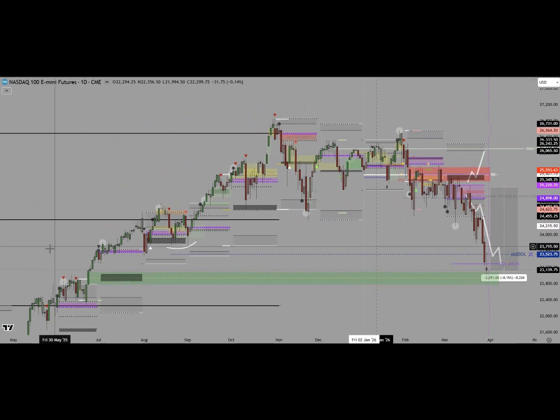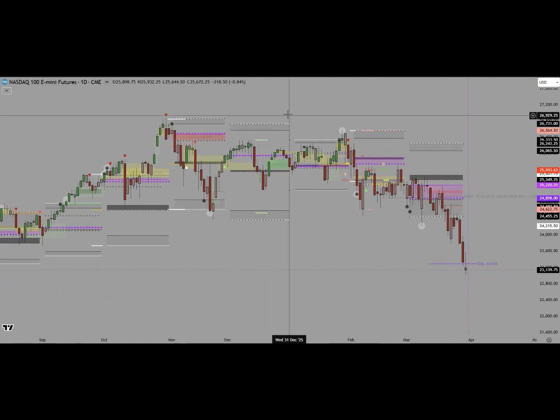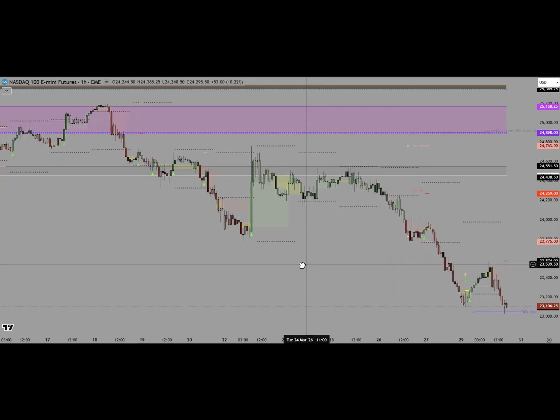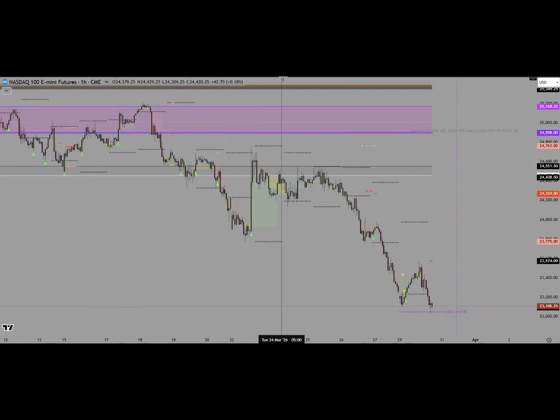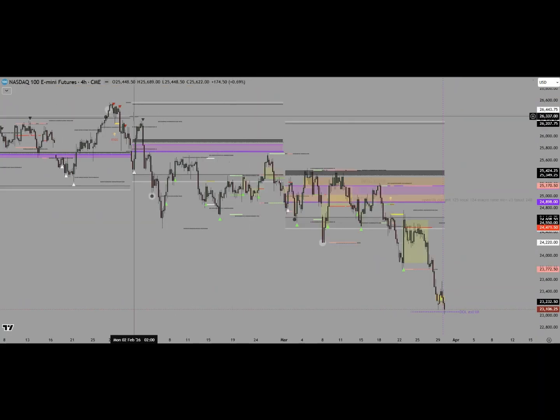As you can see here, we also have the annotated version of the indicator. In this version I put the levels, higher time frame levels, merged with the indicator.